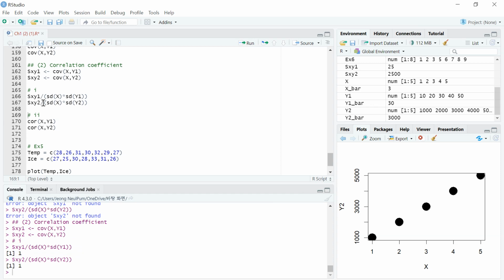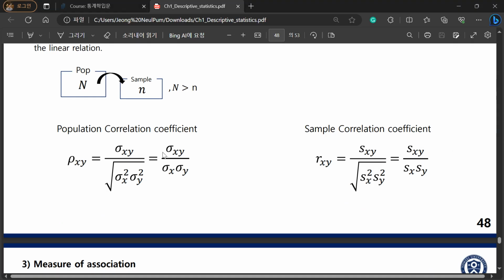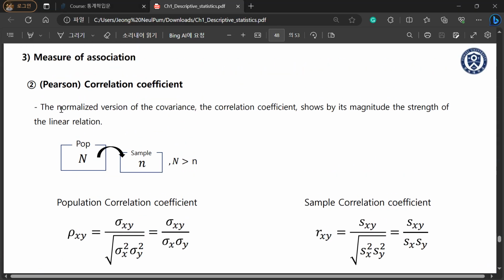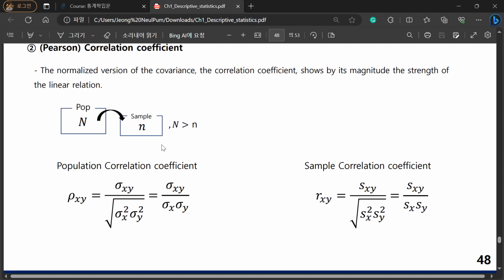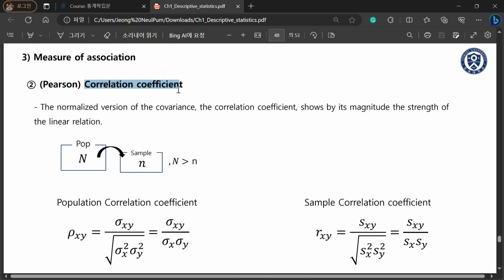So whether we see the correlation coefficient between x and y1, or between x and y2, we always get the same value, because we normalize the covariance, so it doesn't reflect the scale of each data anymore in the correlation coefficient.